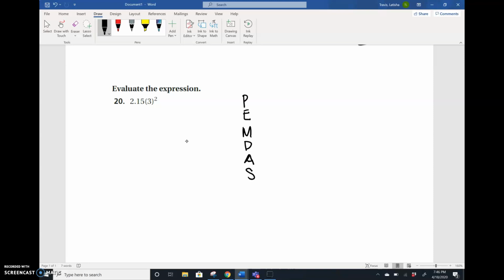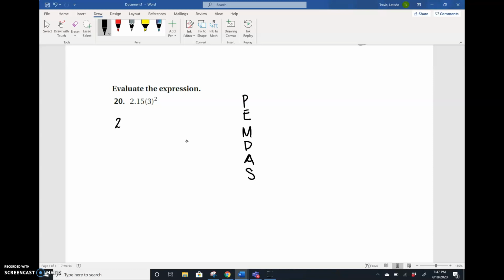The P stands for parentheses. The E is exponents. The M is multiply. D is divide. A is add. And S is subtract. So we have multiplication here. Writing this out so that I show you what the operations are.